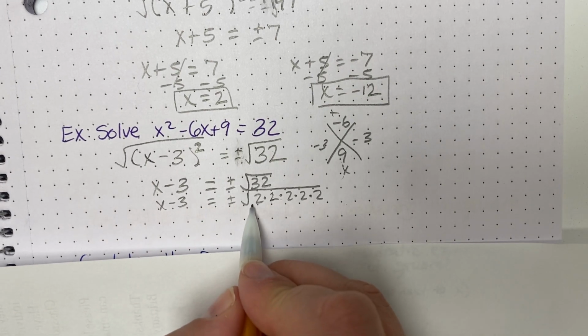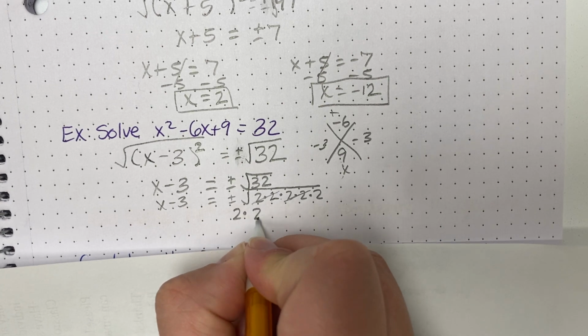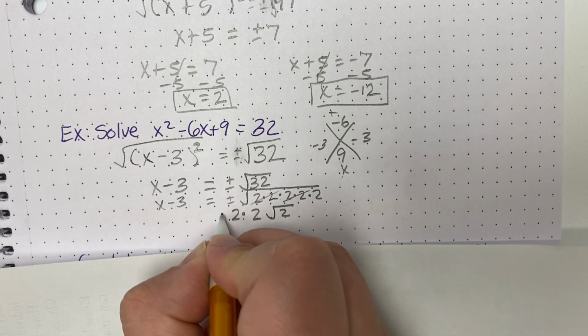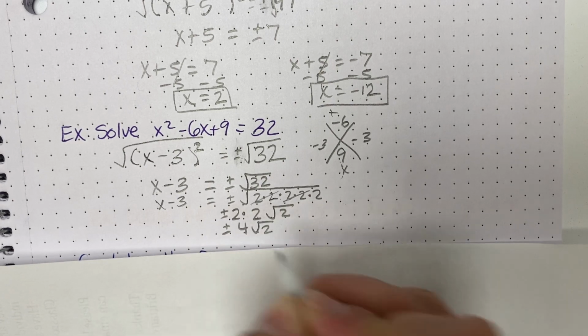When I pull those out, I have 1 pair, 2 pair. So I have 2 times 2 square root of 2, or 4 square root of 2.